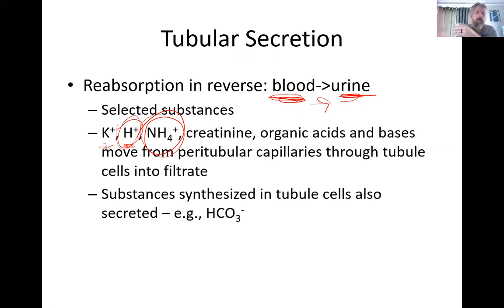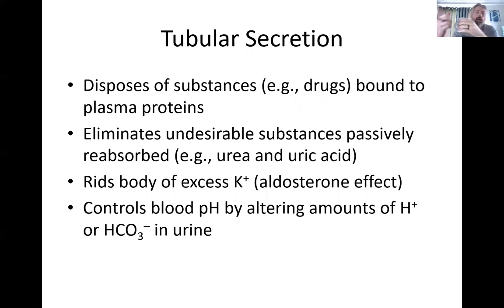Along with our free hydrogen ions, we can also get rid of bicarbonate here as well. Again, this is all the stuff we don't want anywhere near our body anymore. We've got to get rid of it. Drugs, excess products, all this stuff.